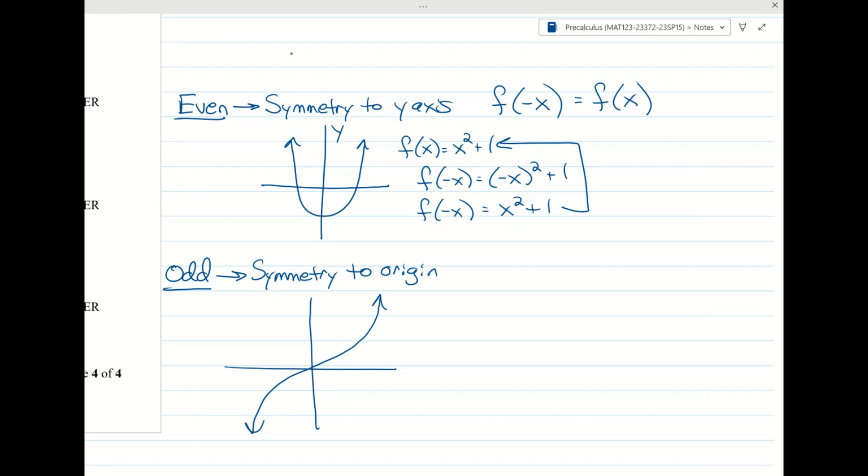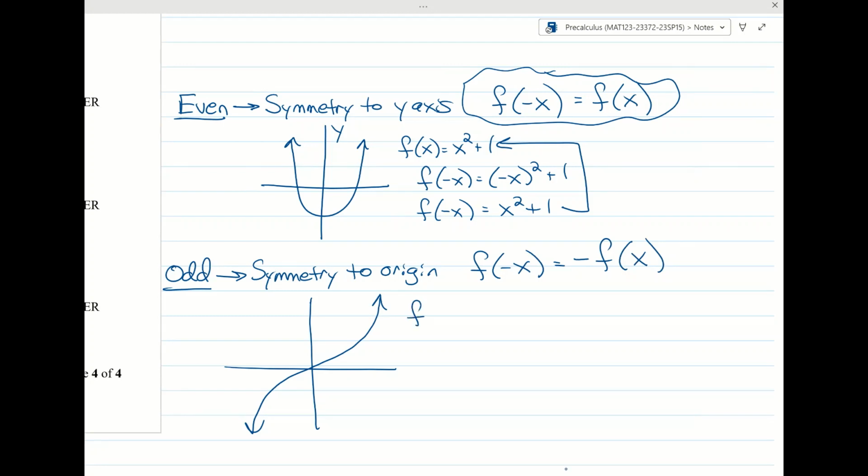If it's odd, what's going to happen is if you plug in the opposite of x, you get the opposite of the entire equation. So let's say we had a problem where, say this graph is f of x is equal to x to the third minus 2x.